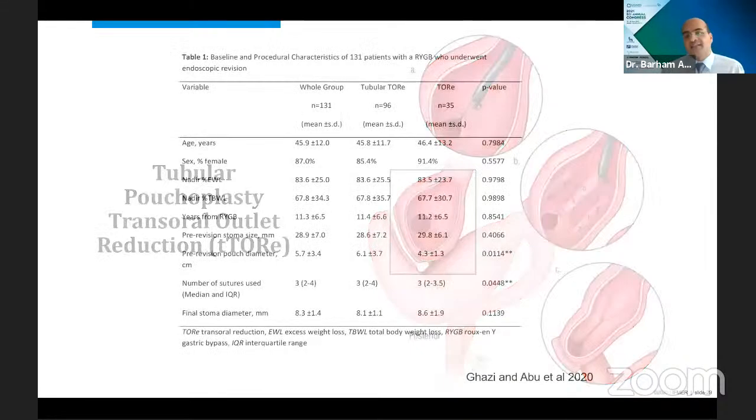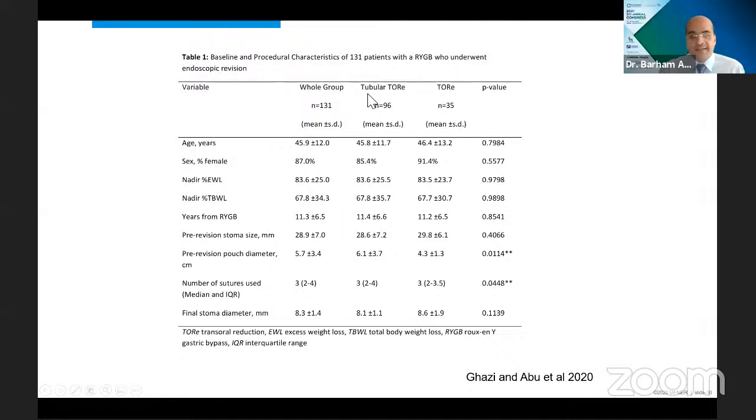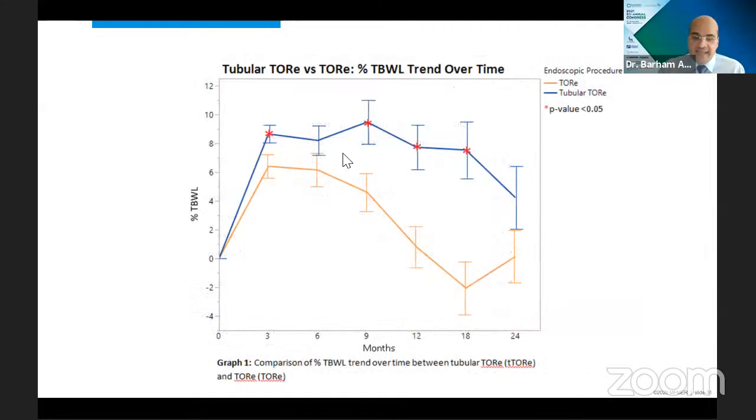And we did show that in a large cohort of 96 patients subjected to the tubular TORE. That's the way we do the procedure nowadays, everybody gets a tubular TORE procedure, versus 35 who got the standard TORE. And what we could see from these results is the durability in blue for the tubular TORE compared to the standard TORE in the yellow.